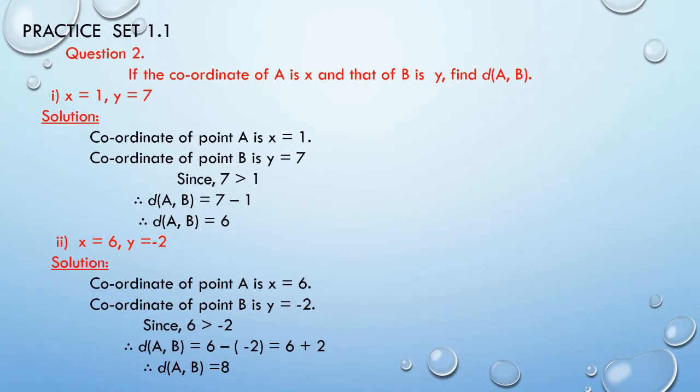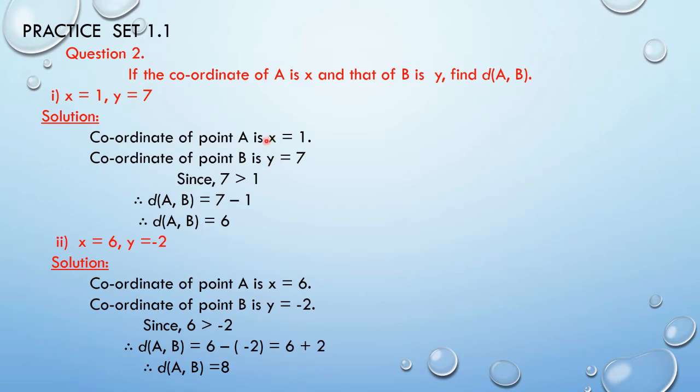Question 2. If the coordinate of A is x and that of B is y, then find the distance of AB. The first sub-question is x is equal to 1 and y equal to 7. Here is the solution. The coordinates of A and B are given as x and y.